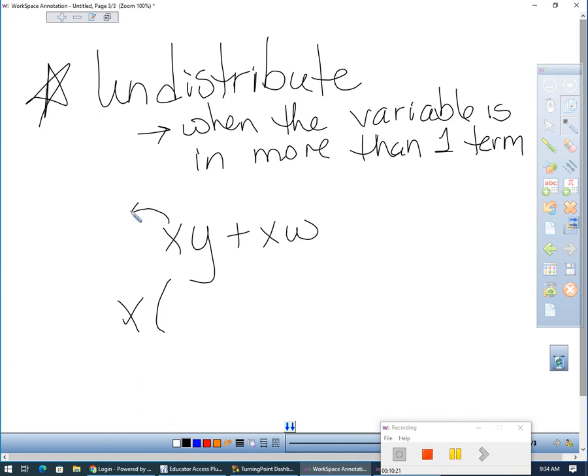I'm going to take that x out of this one and take the x out of this one. So then we're stuck with y plus w left over. And I close my parenthesis. So you'll notice that if I were to multiply this back in, x times y gives me xy, and x times w gives me xw. Okay? Is there any questions on this?